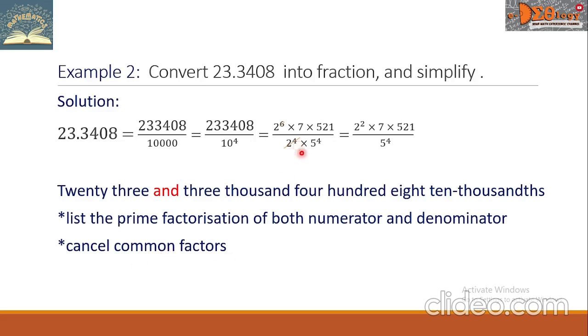The 2 raised to 4 in the denominator is cancelled totally, and there is 2 raised to 6 in the numerator. Cancelling the 2 raised to 4, we have 2 squared that remains in the numerator times the 7 times the 521. So we simplify the numerator as 14,588 over the 5 raised to 4, which is equal to 625. This is the final answer.